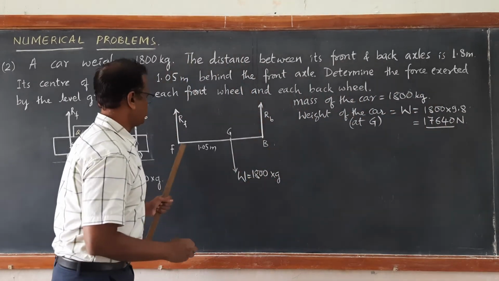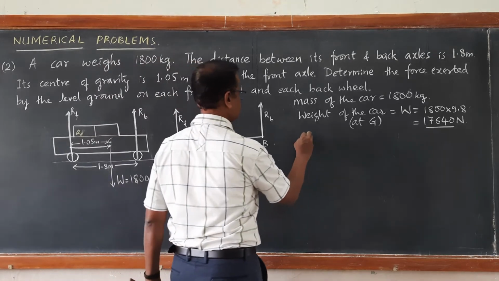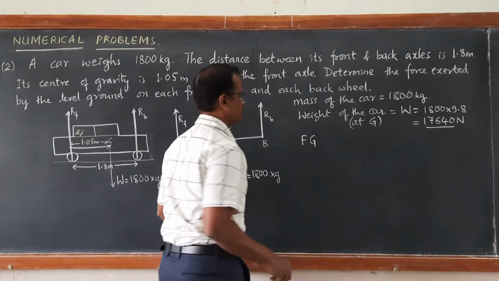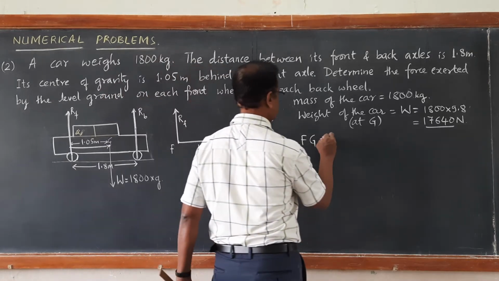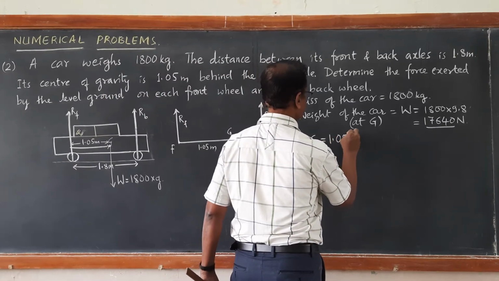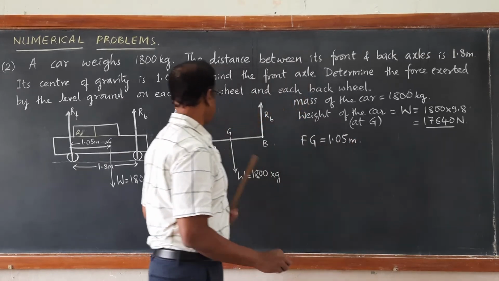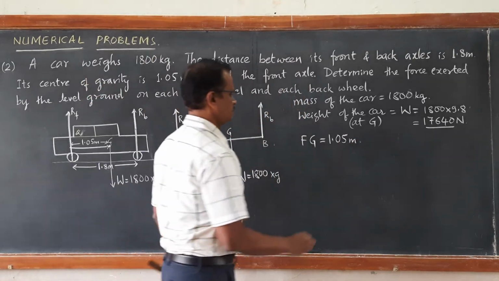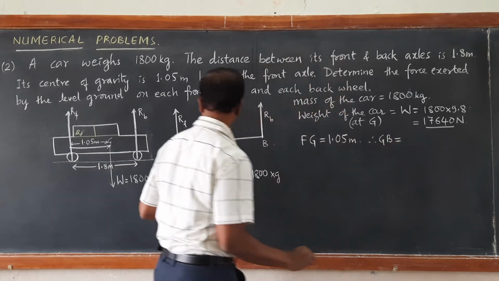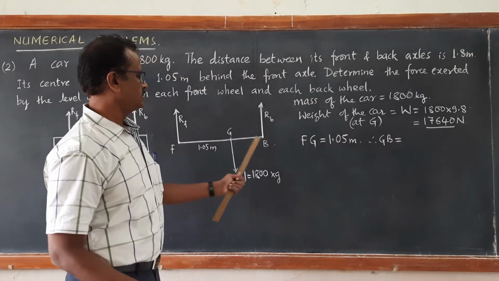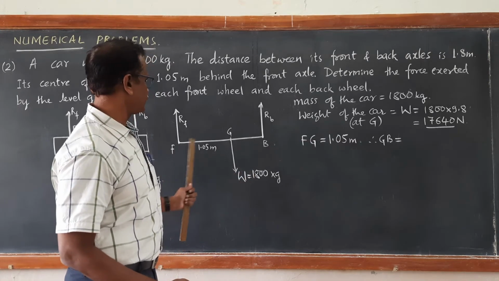Now, the center of gravity from the front wheel is given. It is 1.05 meter. Therefore, what will be GB? GB is equal to the total length between the front and back axles.